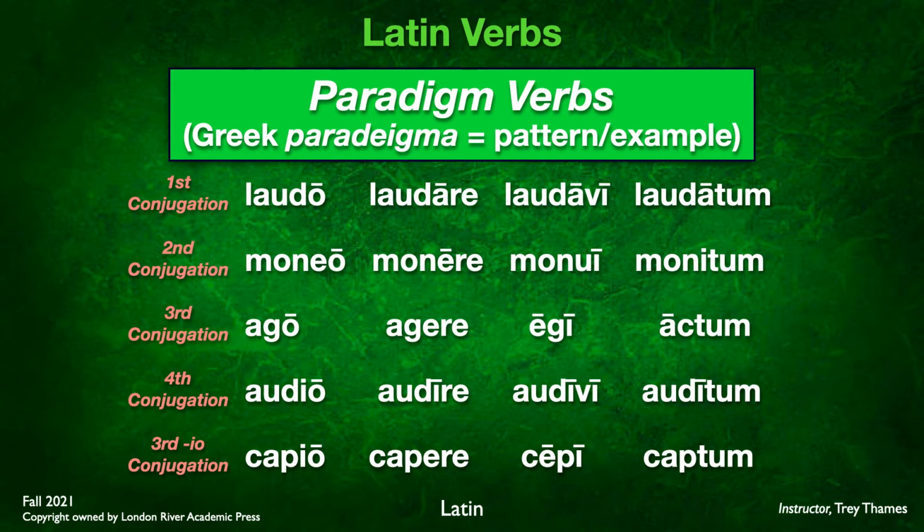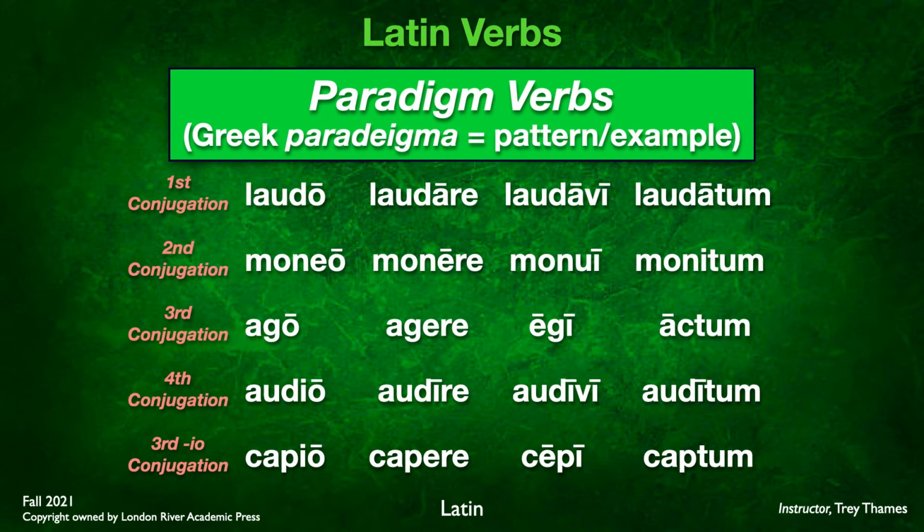Second conjugation paradigm verb is moneo, moneri, monoi, monetum, and this means to warn. Third conjugation paradigm verb is ago, ageri, egi, actum. It means to do or to make. Fourth conjugation paradigm verb is adeo, aderi, adewi, additum.